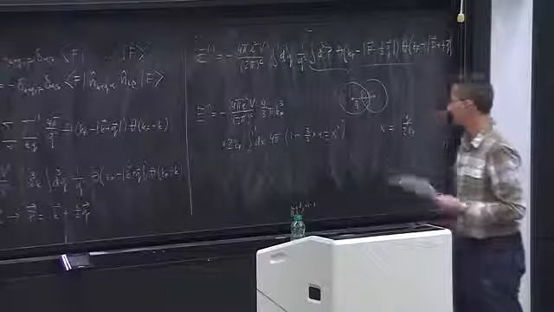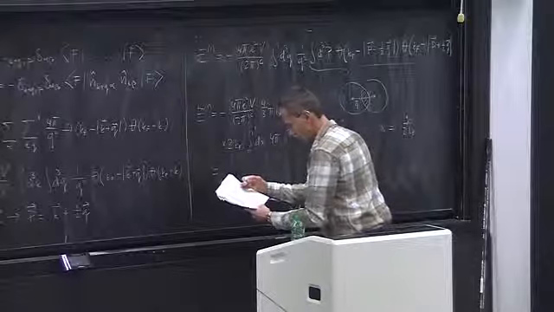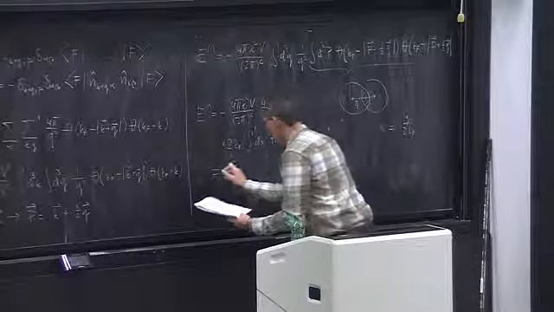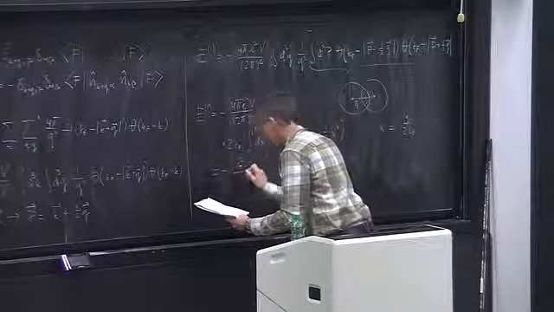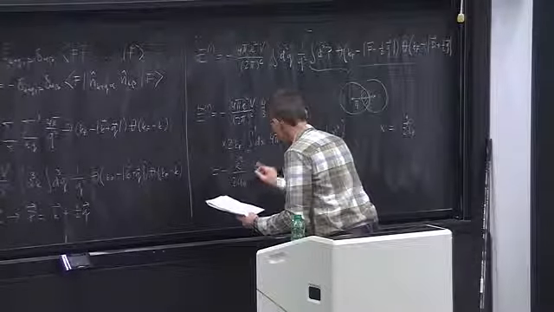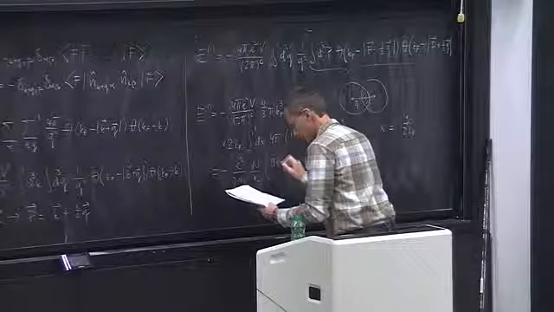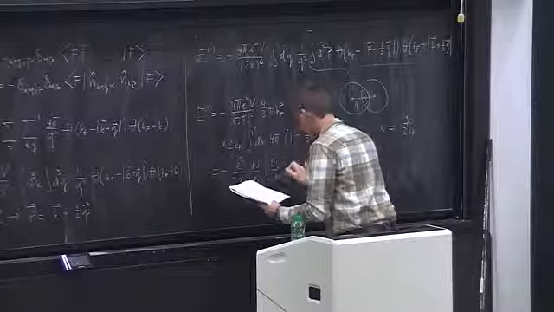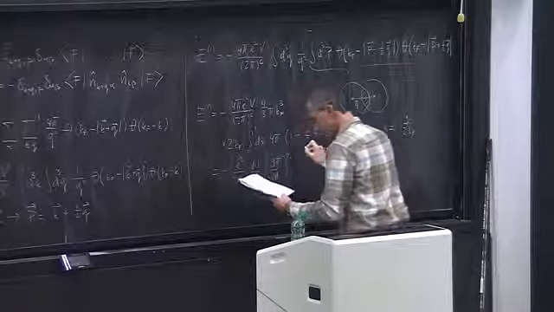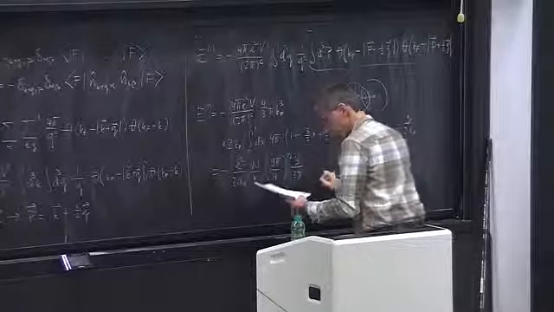And this is an elementary integral that can be evaluated. So let me just give you the answer here. It's minus e squared over 2a naught, n over rs, times (9 pi over 4) to the 1/3, times 3 over 2 pi.